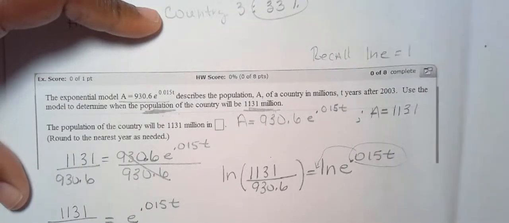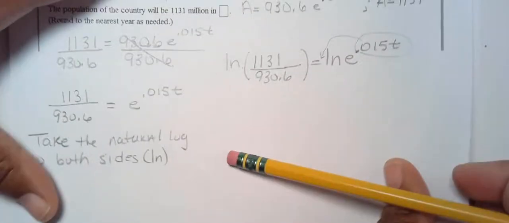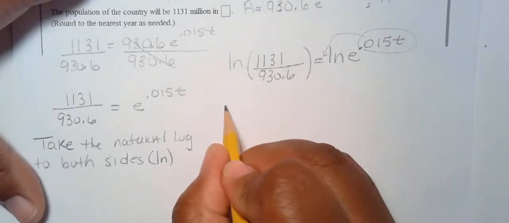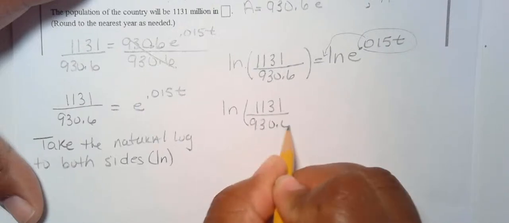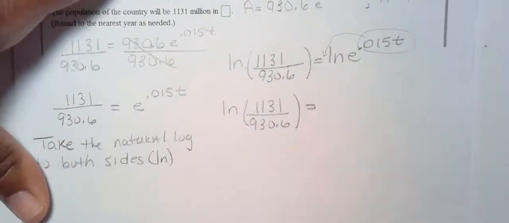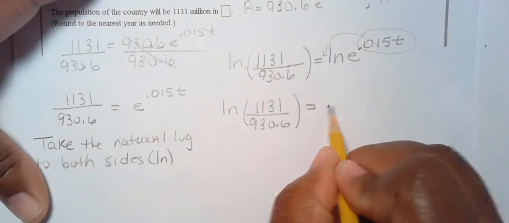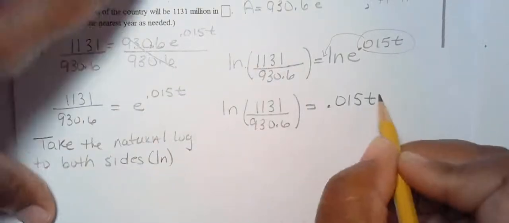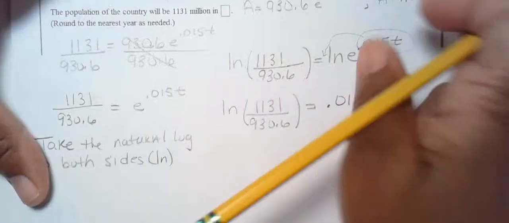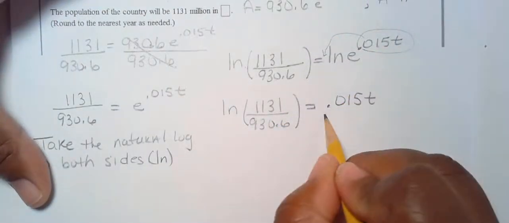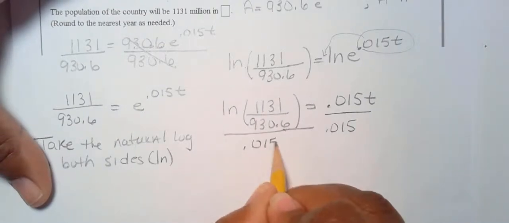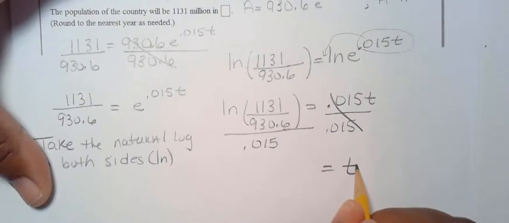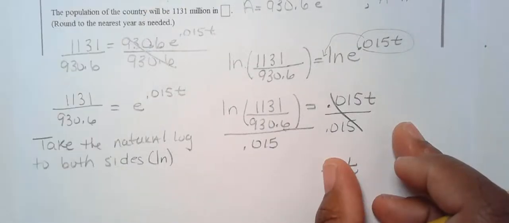Therefore, we have ln of 1131 over 930.6 is equal to 0.015t. Then to solve for t, we divide both sides by 0.015, and we have t is equal to. So now we're getting ready to find out the time.